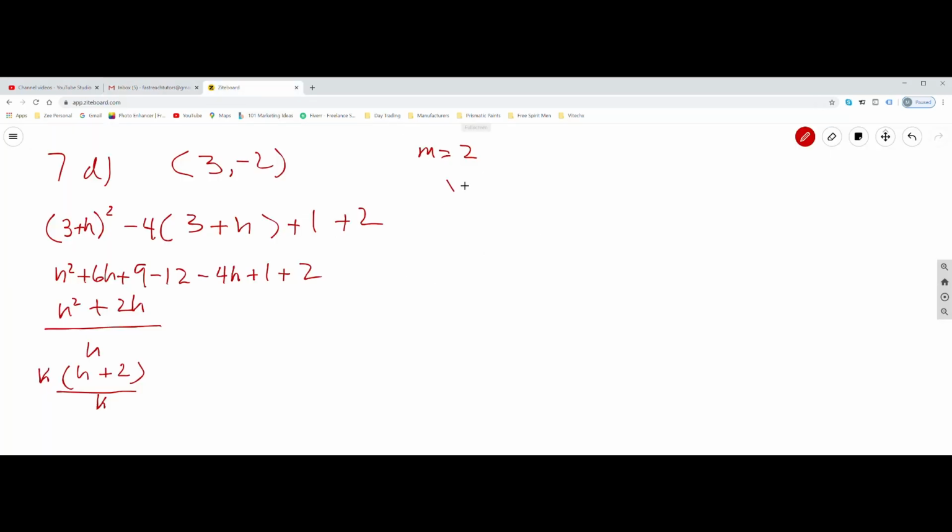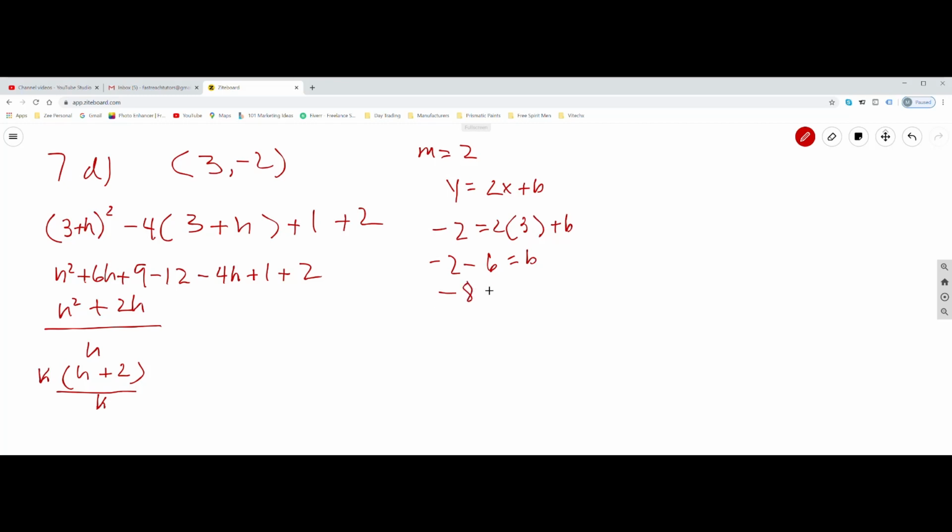So slope equals 2. Let's write the equation. So y equals 2x plus b. Let's use these 2 points. So negative 2 equals 2 times 3 plus b. Negative 2 minus 6 equals b.